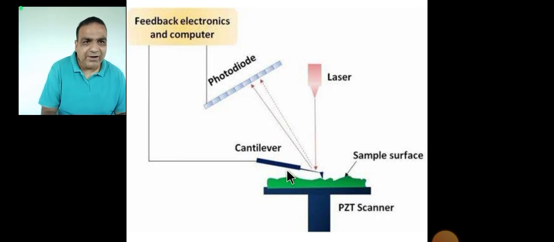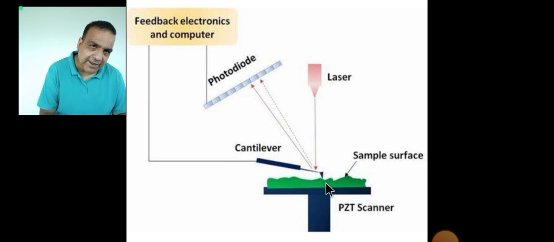Now, the very first important point about this microscope is that it consists of a small cantilever. You can see here is a cantilever with a sharp tip attached to its free end.